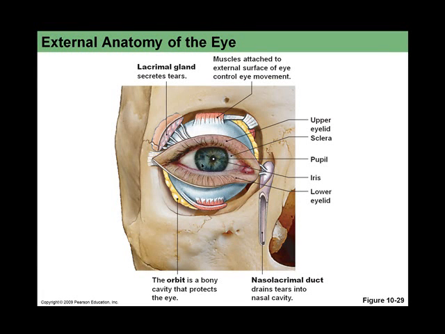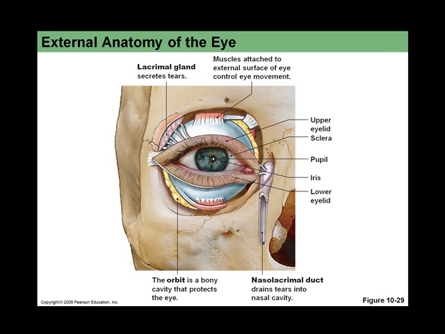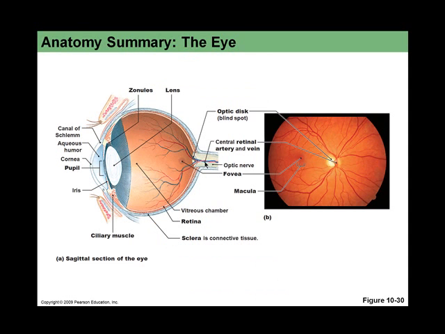And then as this continues over the central midline anterior surface, the type of epithelium and connective tissue changes such that it is translucent. It allows the passage of light. And through this we can see the iris, and the pupil is the hole in the center of the iris. So let's move on.